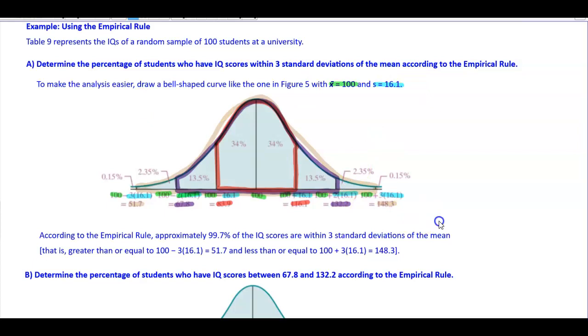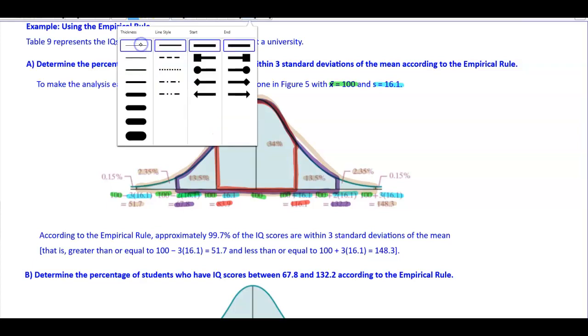So we know that 2.35%, 13.5%, 34%, 34%, 13.5%, 2.35% represents all the percents that are within 3 standard deviations from the mean.